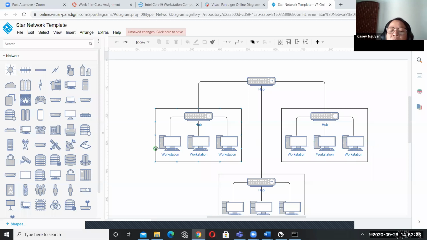So I need to go from a workstation to the hub, from the hub to another hub, and this hub to the third hub, and then to that workstation. So literally you're going from point to point to point to point, right? I can't just go from here, boom, to that workstation, of course. So what this establishes for us is that we pass it from one system, and that system passes it to the next system and the next system. So that is considered a point to point.